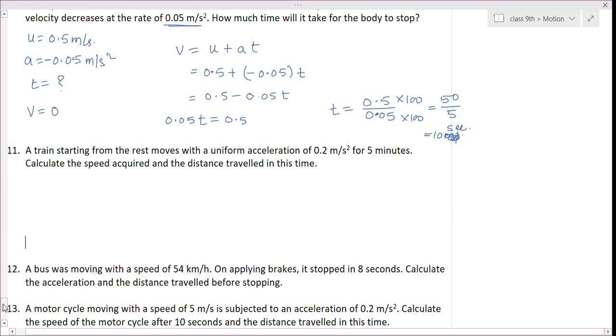Ma'am, for the next question, the speed is 60 meter per second. Let me check, starting from rest.